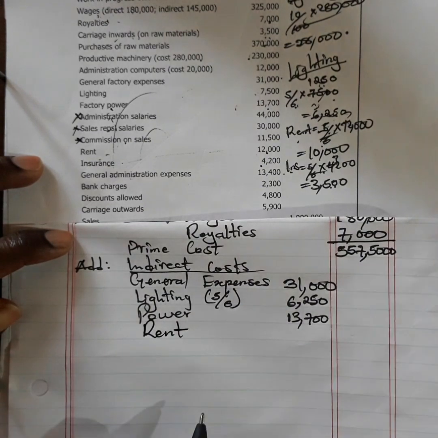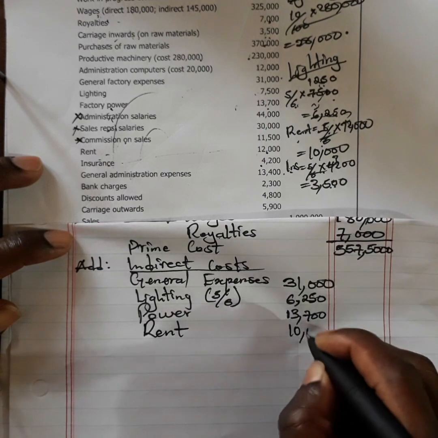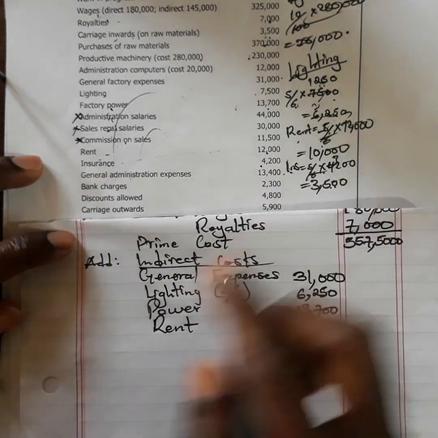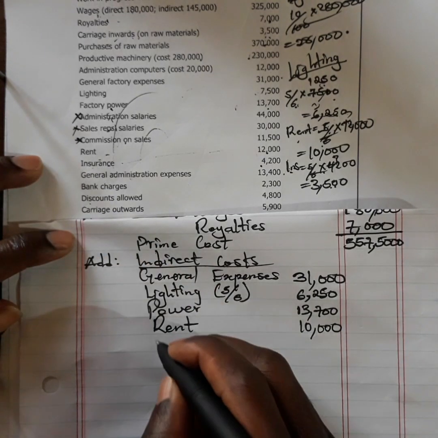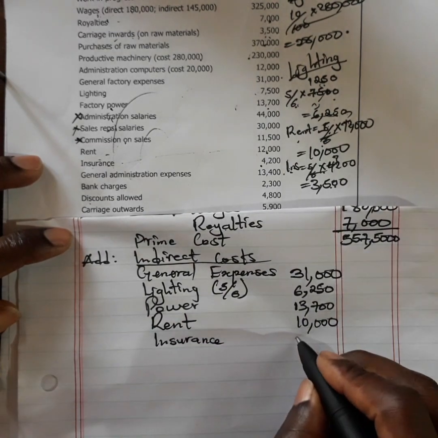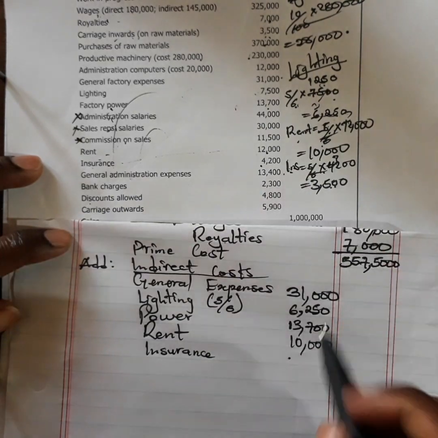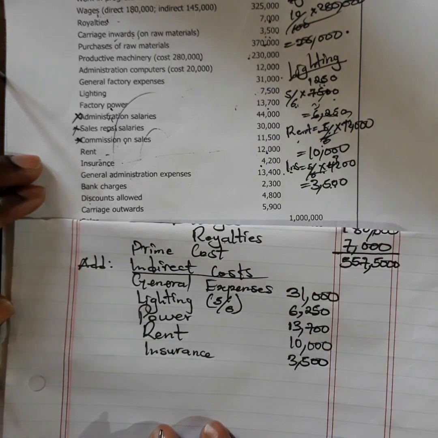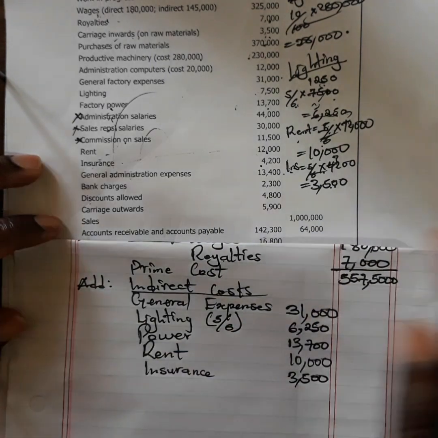Rent was an amount of 10,000 after adjustment, the apportionment. After that we talk about insurance. Insurance is supposed to be an amount of what we found out was 3,500. Then we go to depreciation.